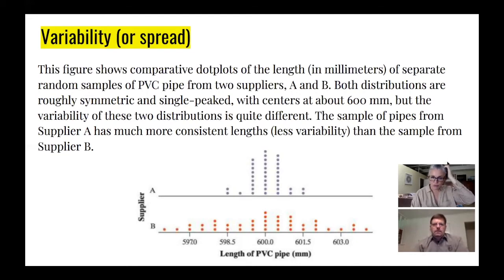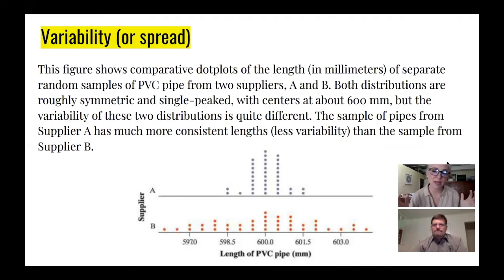So A is what's called less variable, or has less variability, because there's less variation in the information. B has a larger variation in the lengths.